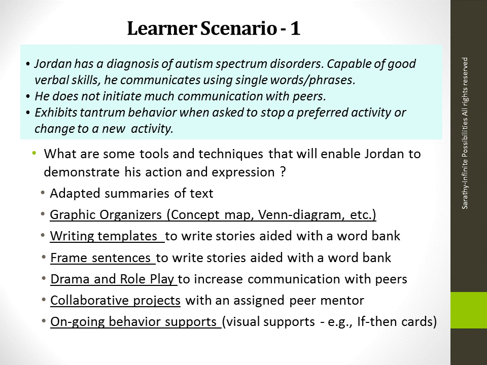Another tool for him to respond is a graphic organizer, a concept map, a kind of story map, which shows who the important characters are, what the setting is, what the conclusion of the story is, and what happens at the end. So he selects from some pictures, always paired with text, and Jordan demonstrates his response.